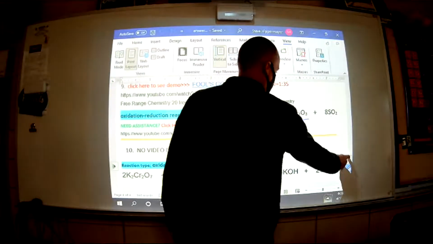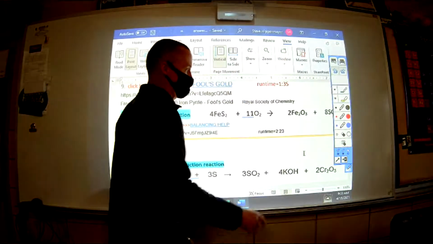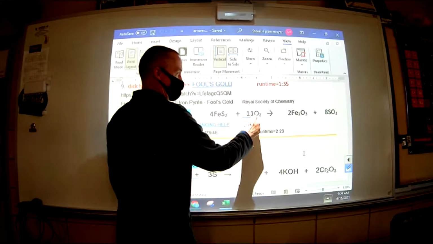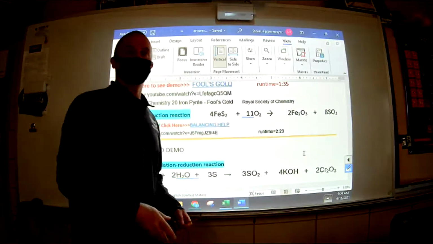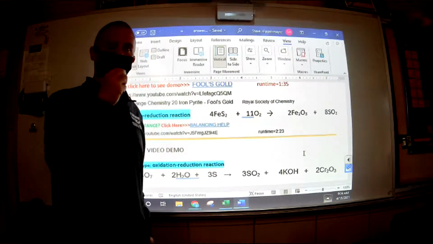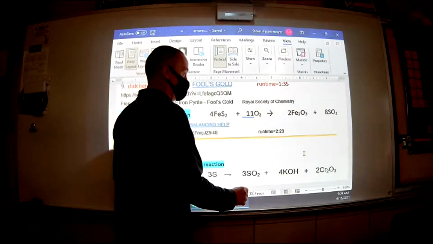That's an oxidation reduction reaction. What's oxygen's oxidation number right here, when it's by itself? An element by itself, no charge, and not an ion. What charge? It's always 0.